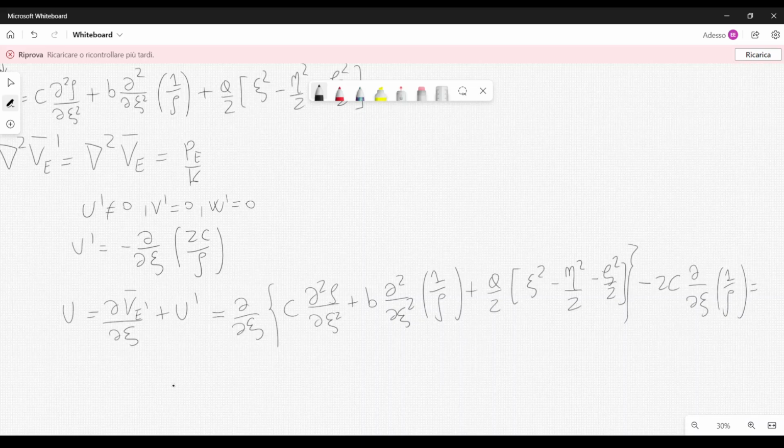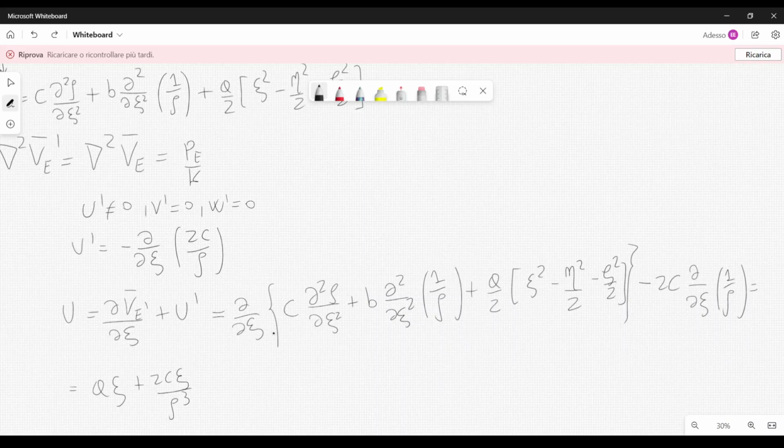And this is equal to a xi plus 2c xi over rho cubed. This comes from the derivative of this, whereas a times xi comes from the derivative with respect to xi of this term.